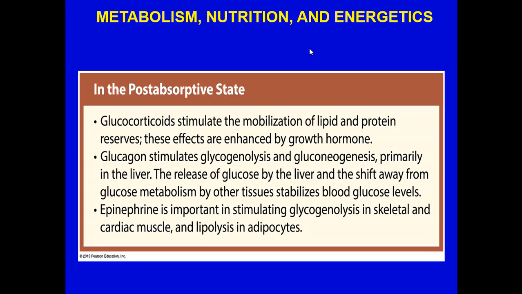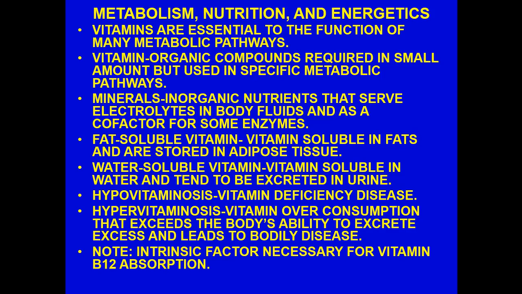You're going to shift away from glucose metabolism by other tissues so that you have a stabilized blood glucose level. Epinephrine is important in stimulating glycogenolysis in skeletal muscle, cardiac muscle, and lipolysis in adipocytes.